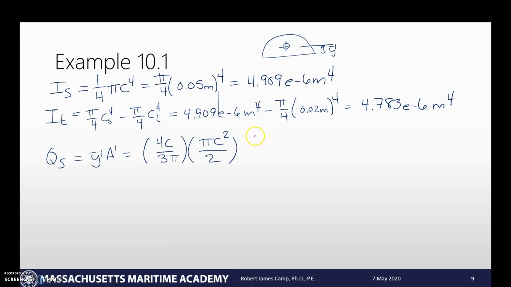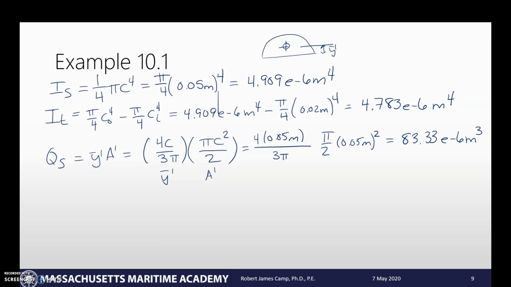And then we can plug everything in. 4 times 0.05 meters divided by 3 pi, multiplied by pi over 2 times 0.05 meters squared. I'm sorry, that's not a square there. And I plug all that together, and I'm going to get a Q. So this is my A prime, this is y prime bar. I'm going to get a Q of 83.33 times 10 to the negative 6 meters cubed.